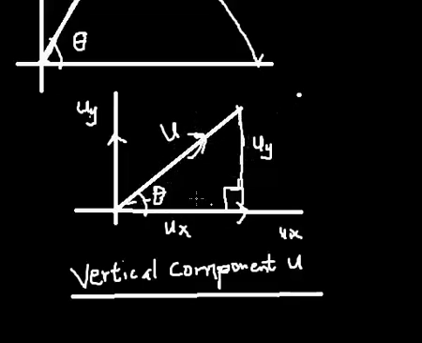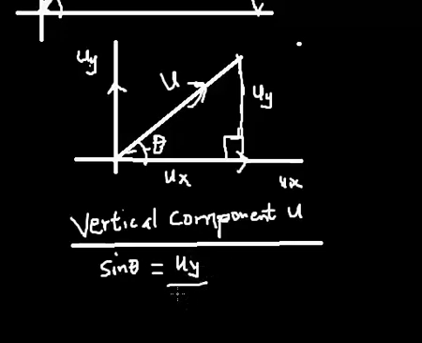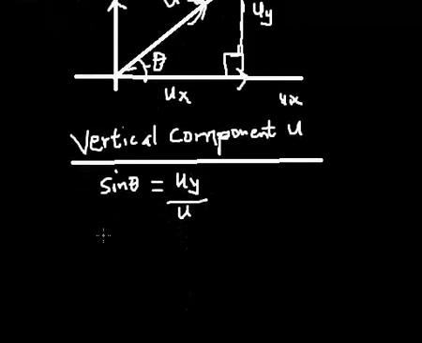And you know the ratio that represents this is sine theta, which is opposite, the vertical dimension I'm looking for, divided by the hypotenuse, which is u. So if I cross multiply, now I have that the vertical component of the projectile is u sine theta.